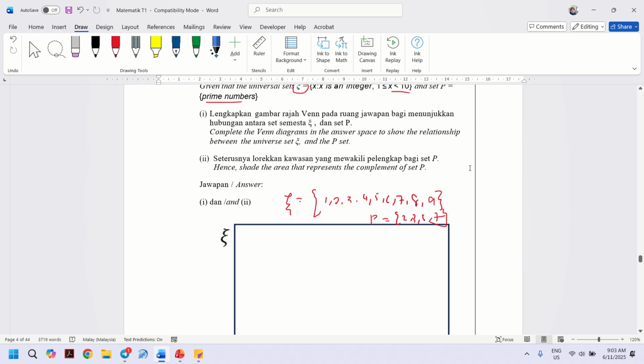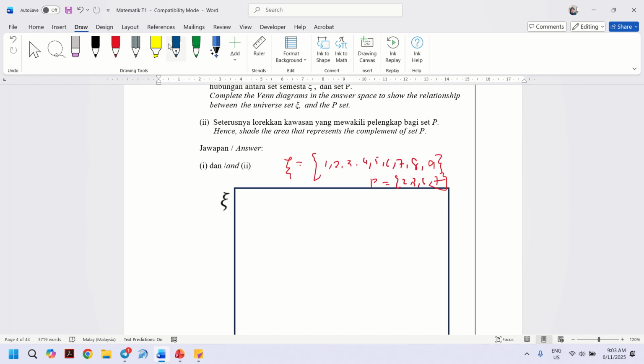You have to draw the set P first, in the universal set. Remember to put the P outside the circle and list all the elements. Don't forget the dot in front of each element: 2, 3, 5, and 7. What about the other numbers?